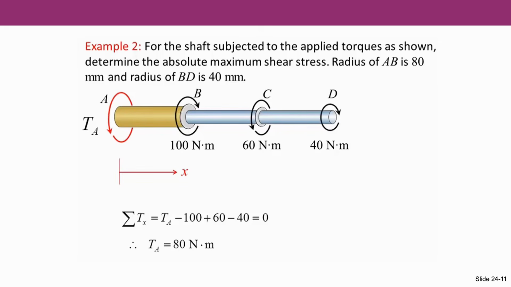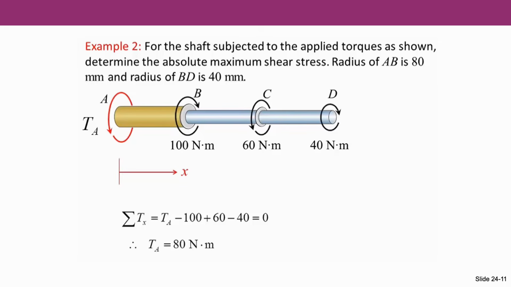By applying our equilibrium equation, we can determine this torque reaction exerted by the fixed support A. And since this structure is in equilibrium, sigma Tx must be equal to 0. We choose the counterclockwise direction, which is accepted as positive, for the support reaction, which is torque TA.